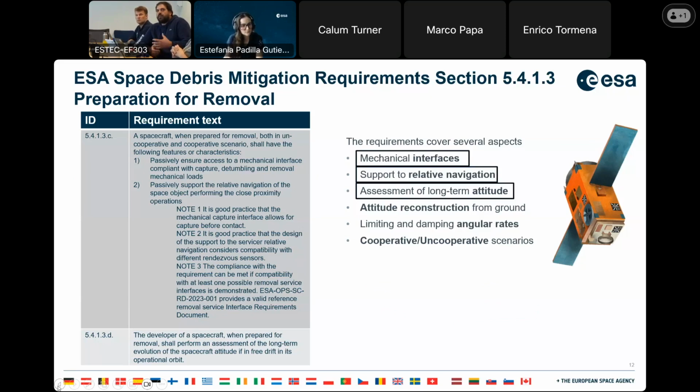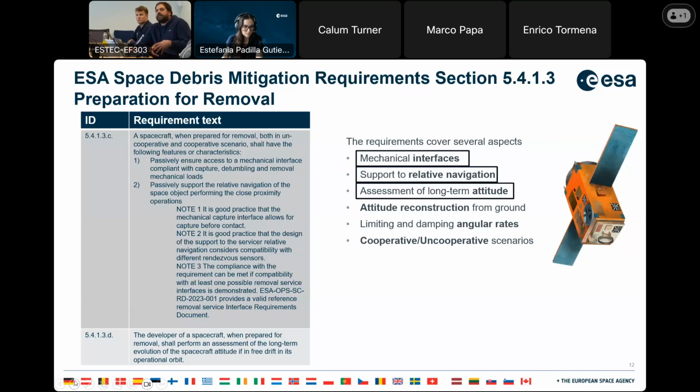So here we reported the requirement text just to go into detail and try to explain and highlight the main points for all these functions we listed. So, for example, for the mechanical interface, the support to relative navigation and the assessment of the long-term evolution, these functions are addressed by specific requirements in the document.